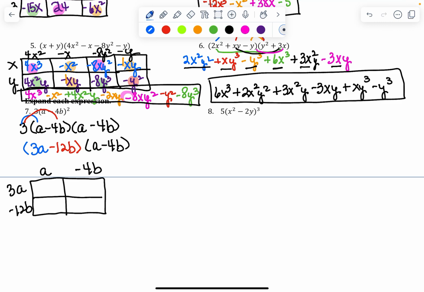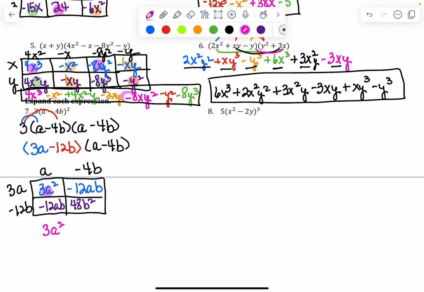So here I go. This would be a 3a squared. This is a negative 12ab. This one is a negative 12ab. And this one is a positive 48b squared. So if I combine or find the biggest thing that I can start with for descending would be that 3a squared.